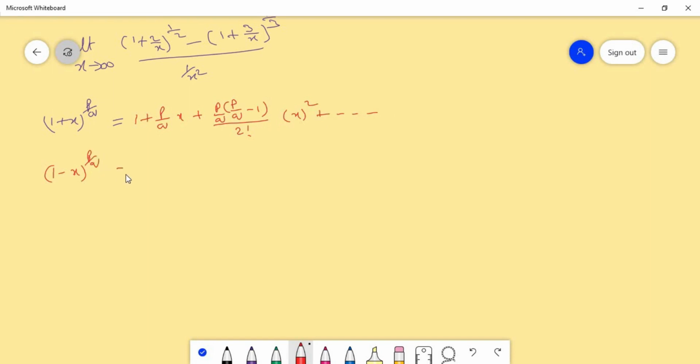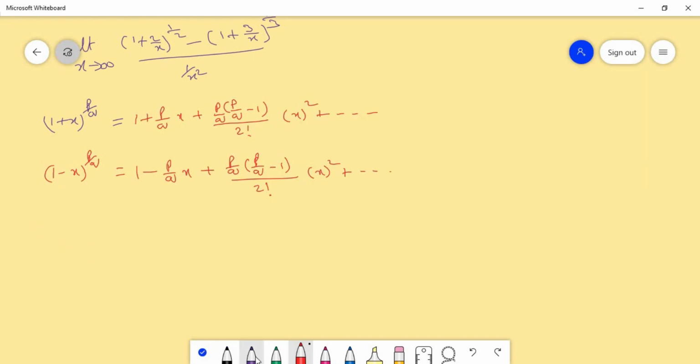What is the difference? Just we are getting plus or minus only. Remaining everything is same. 1 minus x: 1 minus p by q into x plus p by q into (p by q minus 1) by 2 factorial into x square and so on. These remaining are negligible.